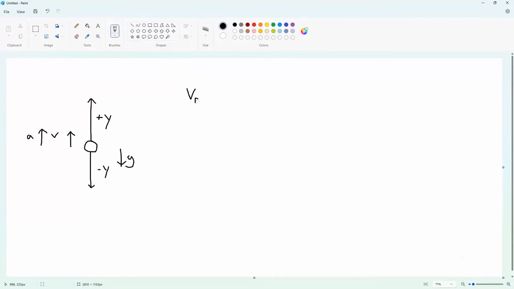We'll start with this one, my favorite one. Velocity final squared. Well, you may write it down as velocity squared or velocity naught or whatever. I denote it as velocity final, so I know which velocity I'm talking about, the after velocity. Velocity initial, which is the starting velocity, plus 2 times acceleration times distance.